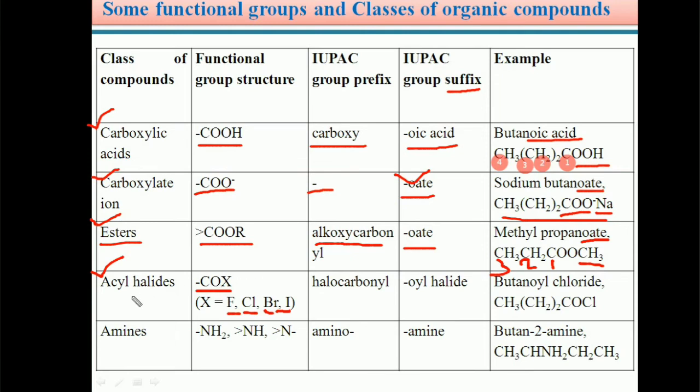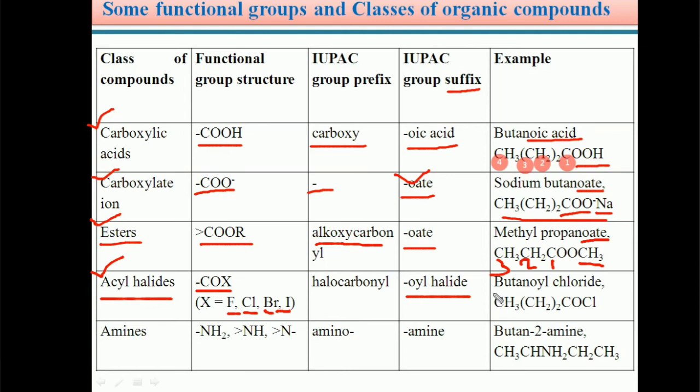In case of acyl halides as the principal functional group, the IUPAC group suffix is oyl halide. If the halogen is fluorine, oyl fluoride; chlorine, oyl chloride; bromine, oyl bromide; iodine, oyl iodide.